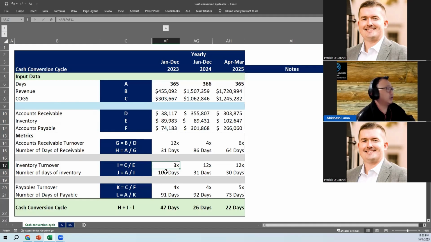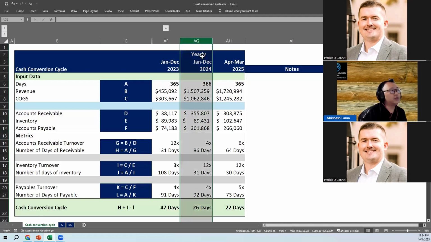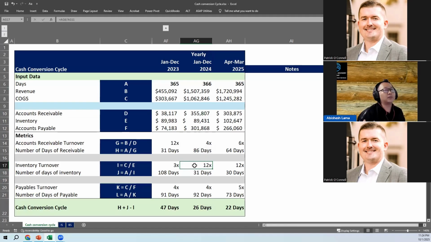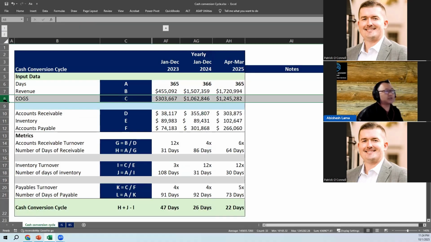And here what we've seen is it's 3x, 12x, 12x, meaning the inventory is ordered three times and 12 times. Over here in 2024, we can say that it's roughly ordered once a month. One thing that can be seen here is the cost of goods sold was lower in 2023, since it was their starting year.